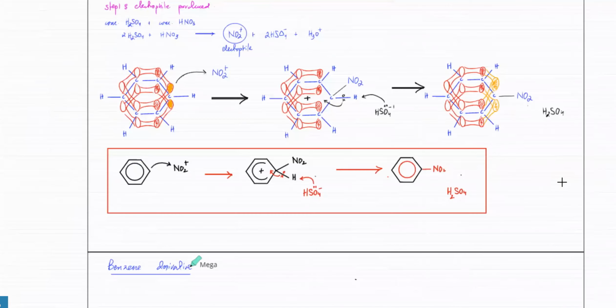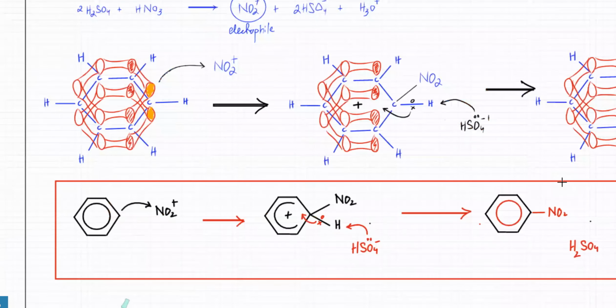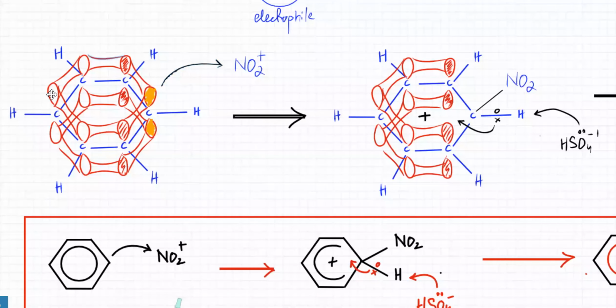Now, the first thing is, let's introduce benzene derivative compounds. A benzene derivative compound is something that has benzene attached to it. If you look at benzene, it's got 6 hydrogens, but a lot of times it's not going to have 6 hydrogens. There could be anything attached to it.